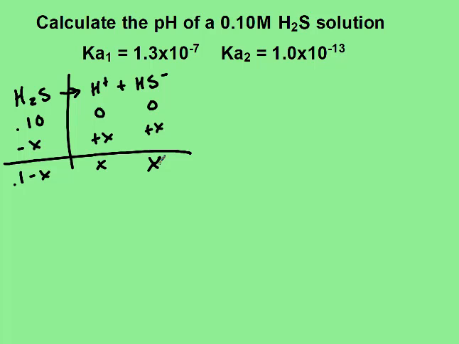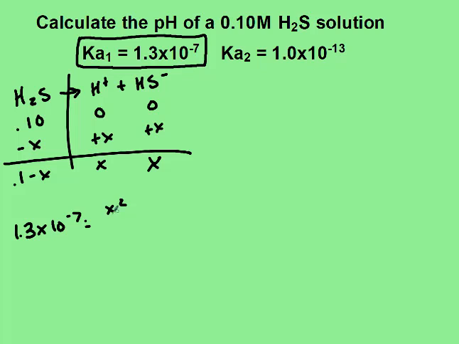For our equilibrium expression, we need to use Ka1 because H2S hasn't lost any hydrogens yet. Our Ka1 is very small still, so we can't ignore that minus x. So multiplying and then square rooting, I get that my x is equal to 1.14 times 10 to the negative 4th.